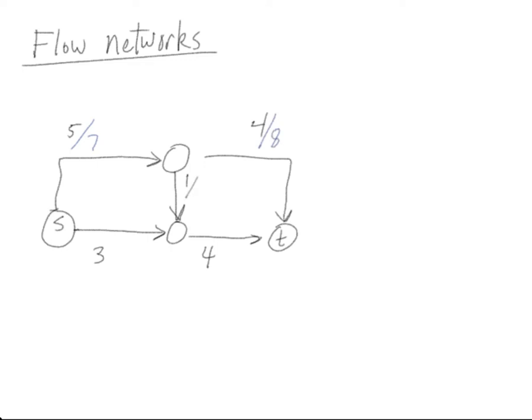This pipe has a capacity of 2. This pipe has a capacity of 4. And this pipe has a capacity of also 4. Now, what if the flow exceeds the capacity? Well, that doesn't make any sense. Then it's not valid. The flow can only go up to the capacity.